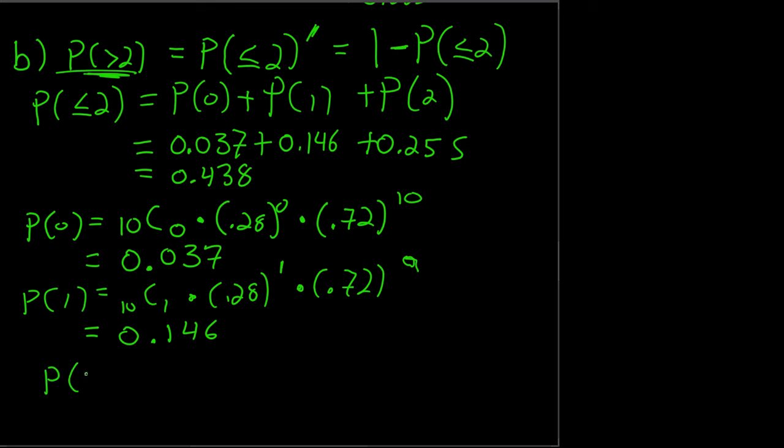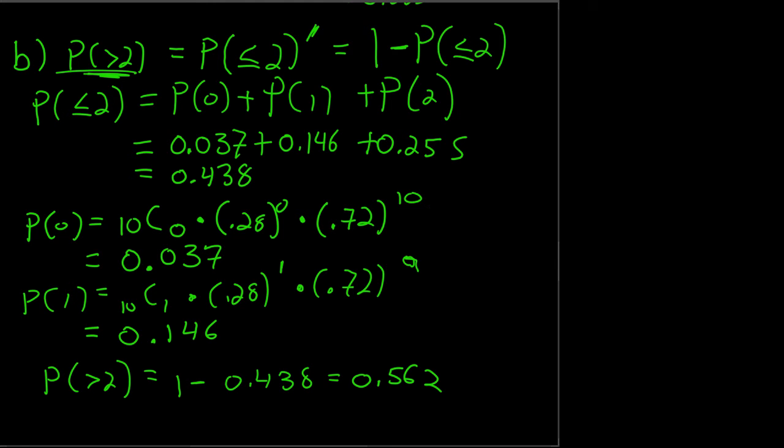So the probability for everything to be greater than 2 is 1 minus 0.438, or 0.562. And so we used our binomial distribution and we looked for things being greater than 2.